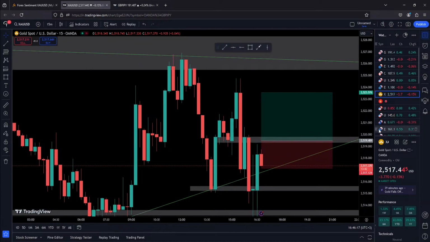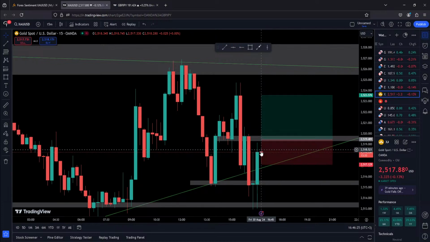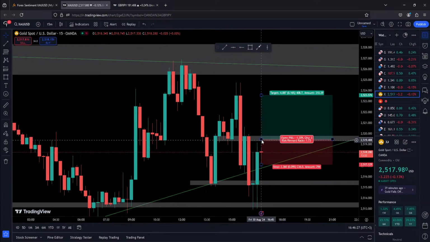So yeah, let's see. I'm not in any trade, guys. I'm not in any trade right now. I'm only going to take a trade if this candle breaks the high of the previous one.